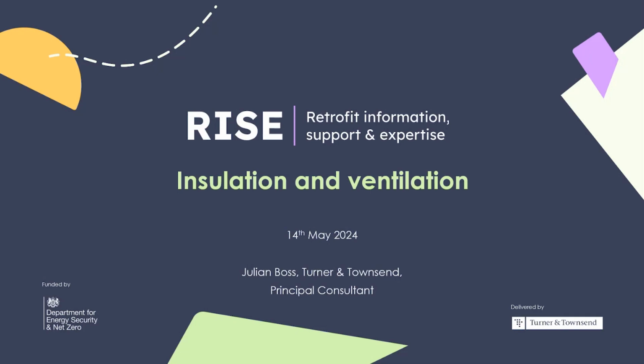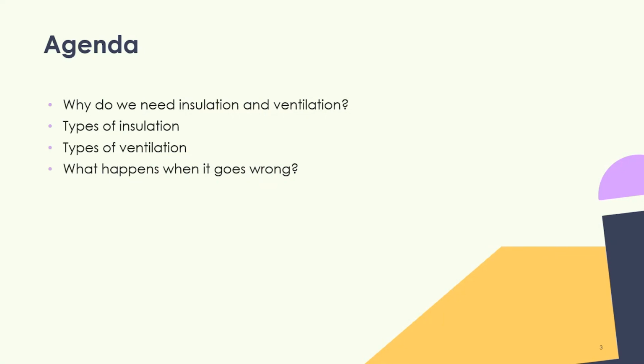So basically, insulation and ventilation, this is quite a high level presentation, really outlining the basics, but the importance of the relationship between insulation and ventilation. So that's what we're going to be covering today.